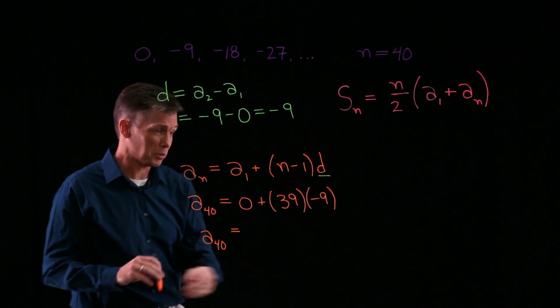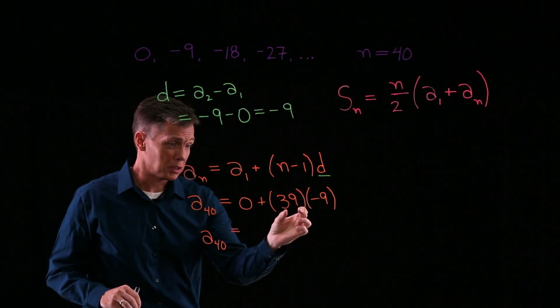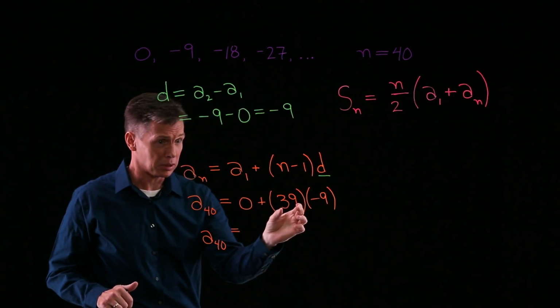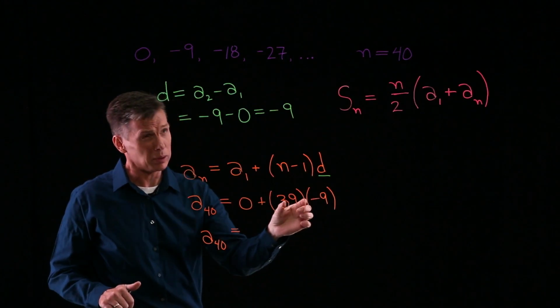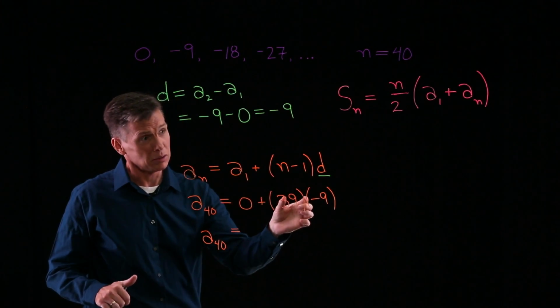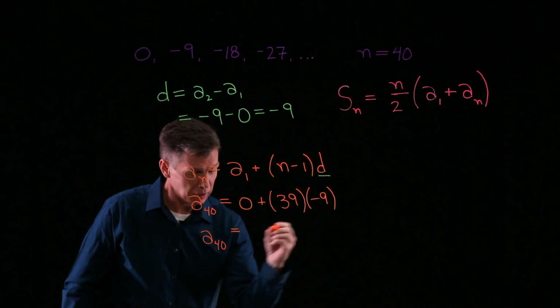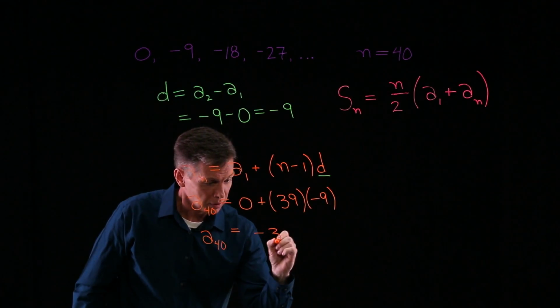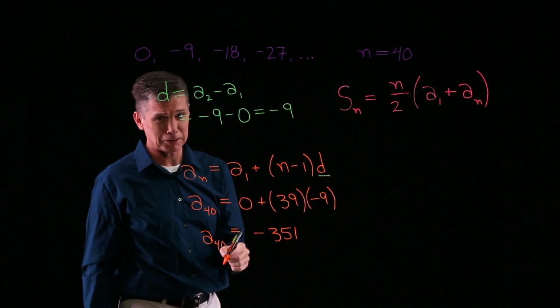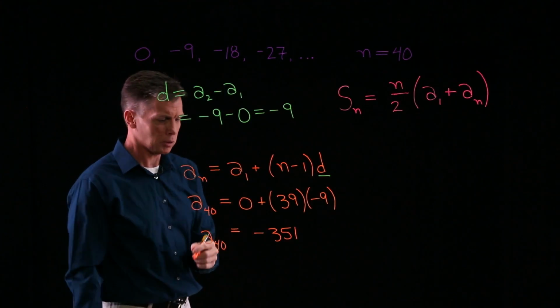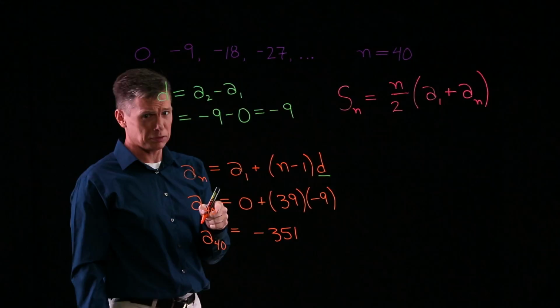Let me try it without. 9 times 39, that's almost 10, so that'd be like 390. It's not quite 10 though, so 390 take away 39, 351, but it's negative. I like to have some fun with the arithmetic, but you might have grabbed a calculator and beat me to it. It's not a race. So my a sub 40 is negative 351.